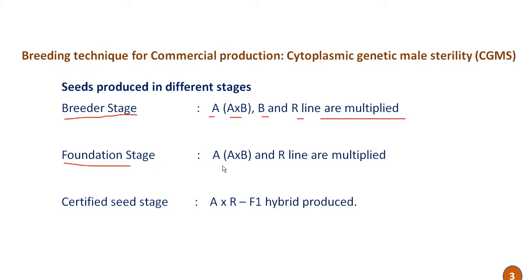In foundation seed, there is a cross between A into B and the R line. During certified seed production, the A line, that is the female line which is male sterile, and the R line, the restorer line, utilized as a male, are crossed and the F1 hybrid seed is produced.